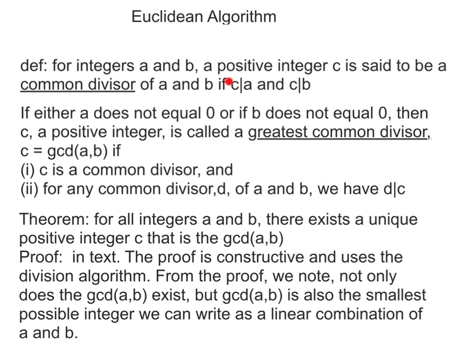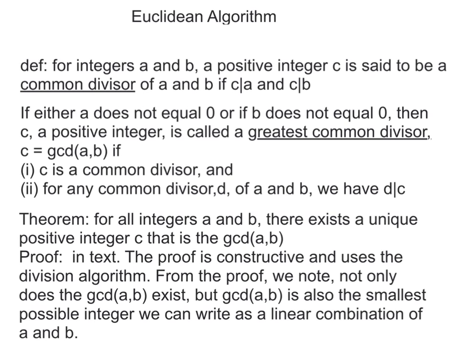And we have this notation with the straight line. If either a does not equal 0 or b does not equal 0, then c, a positive integer, is called a greatest common divisor. The notation is c is equal to GCD of a and b if c is a common divisor, and for any common divisor d of a and b, we have d divides c.